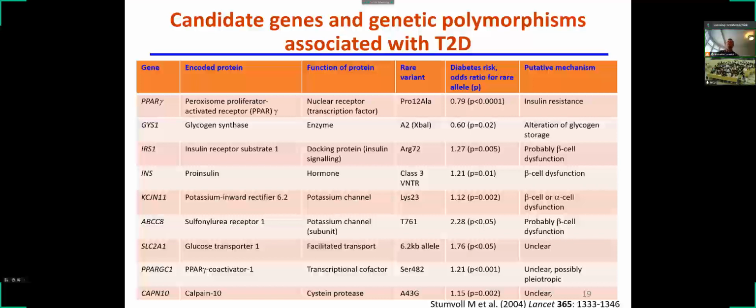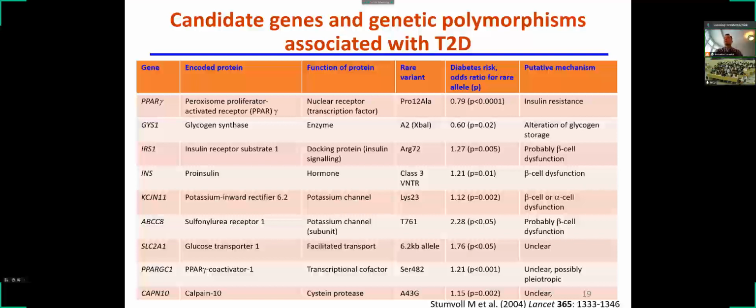Well, we've got PPAR gamma, which is peroxisome proliferator activated receptor. We've got glycogen synthase, as you can imagine. It's responsible for the metabolic side of things, and if you've got some sort of defect or deficiency or slightly less active enzyme, you can imagine it starting to become a problem.